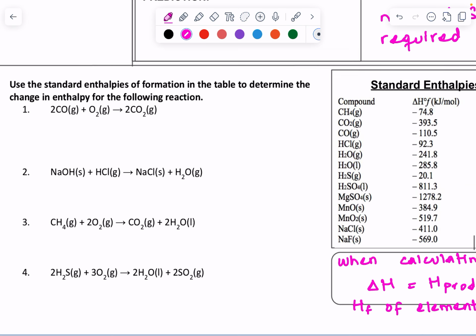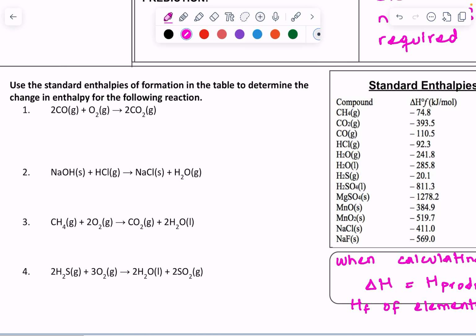So you have 2CO plus O2 combining to make 2CO2, and our equation is delta H equals heat of products minus heat of reactants. So what I'm going to do is, let's write down the equation with the formulas first. So you have 2 carbon dioxide, so that means I need to multiply their enthalpies by 2, minus you have 2 CO, so I'm going to multiply their enthalpies by 2, plus 1 oxygen.